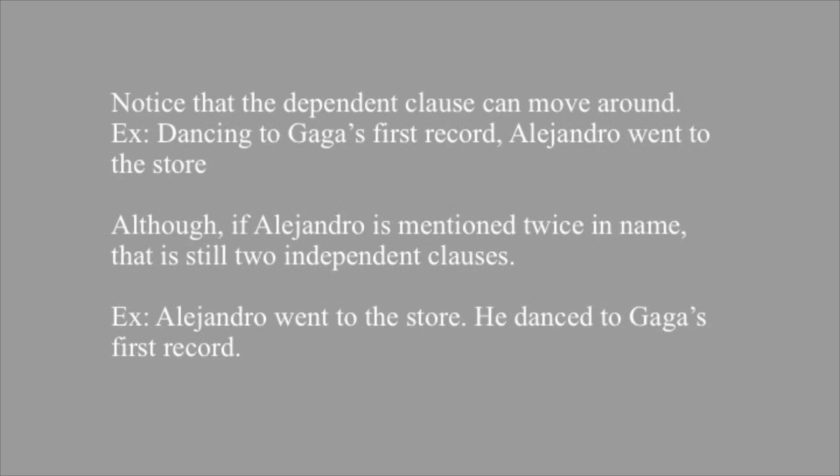So look at this example. Alejandro went to the store, period. He danced to Gaga's first record. It could also have been Alejandro danced to Gaga's first record. Now you either way have two independent clauses there that would need to be separated by the correct punctuation.